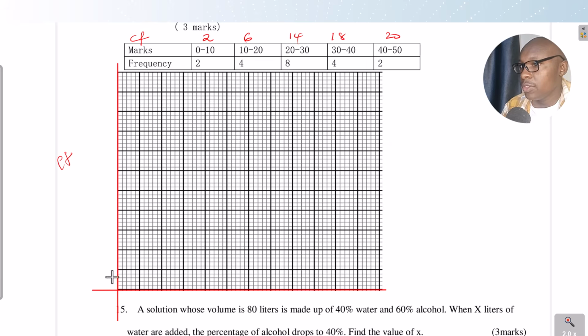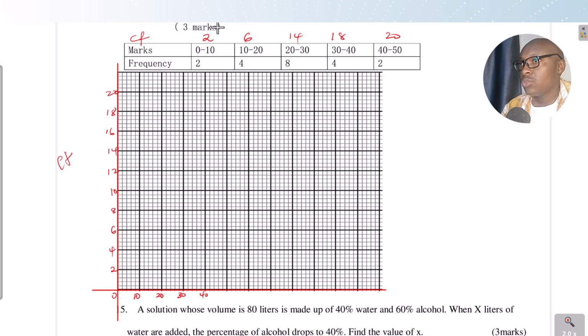So for the cumulative frequency, so we have 0, we have 2, we have 4, 6, 8, 10, 12, 14, 16, then 18, and then we have 20. That is the cumulative frequencies. Then for the classes, I can begin from 0. These are 0, 10, 20, 30, 40, 50.